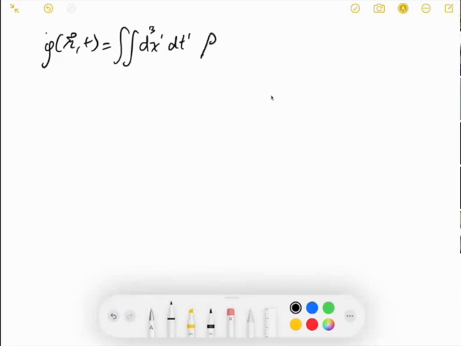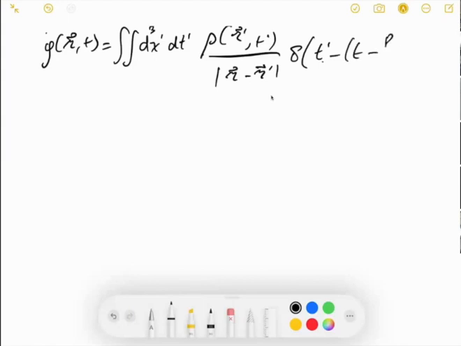Then we have rho of r prime, t prime over, and this is our Green's function, or at least part of the Green's function, delta of t prime minus t minus r over c.